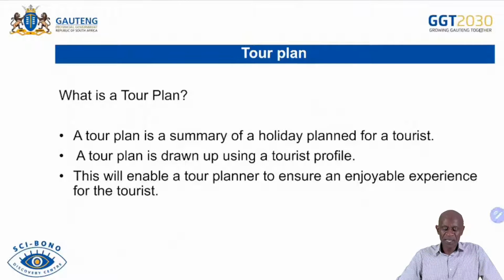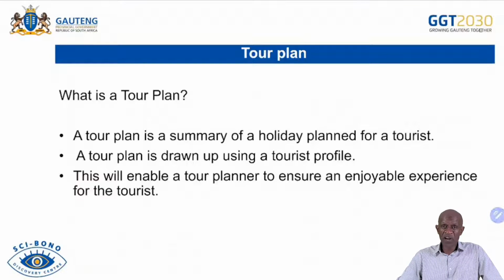A tour plan is drawn up using a tourist profile. You have studied this in grade 10, where you developed a profile of a tourist, where you included information such as the name, the nationality, the contact details, the gender.